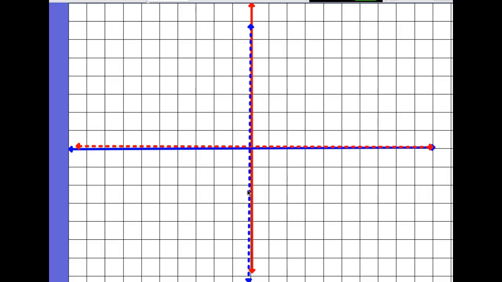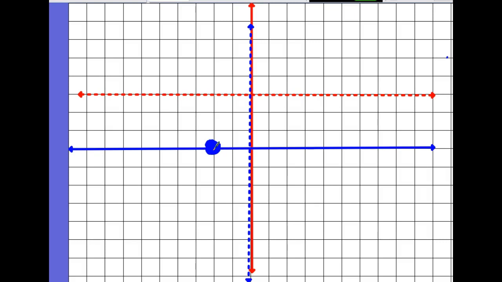It doesn't have a hole. It has a horizontal asymptote at 3. I have an x-intercept at -2. And I don't have a y-intercept because I have an asymptote there.